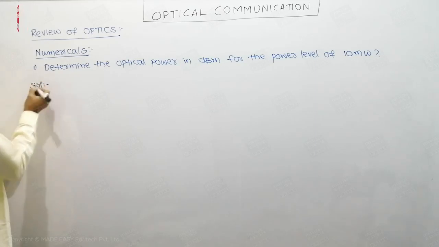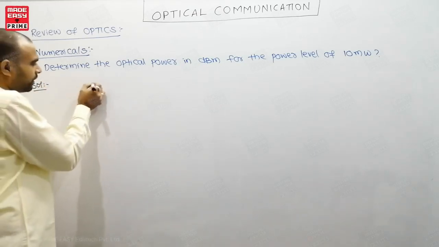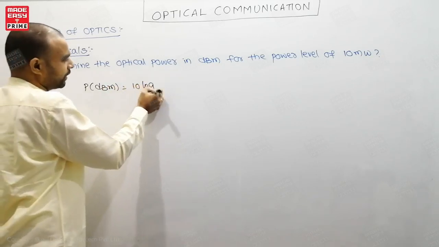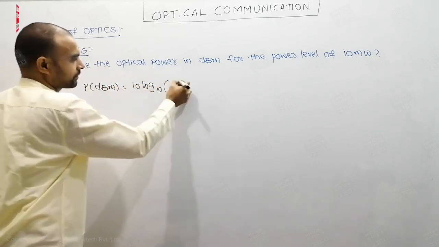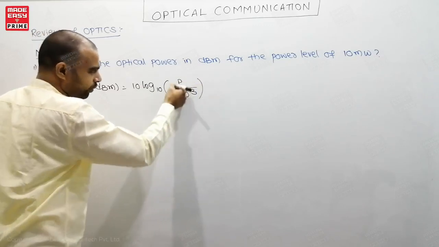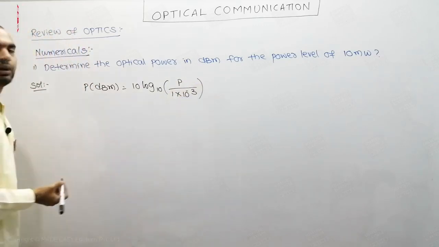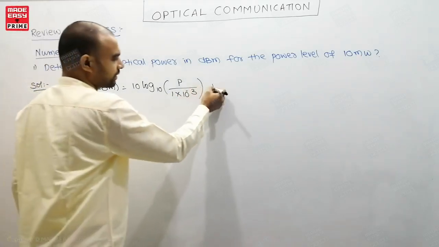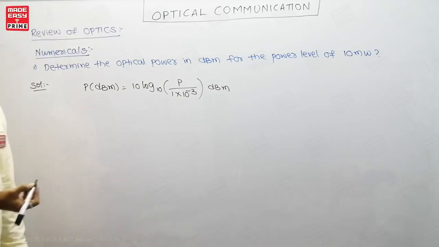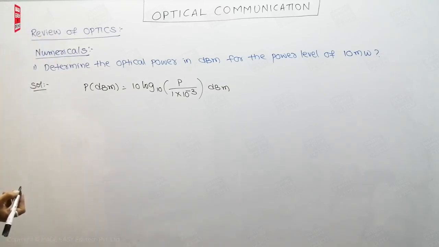Solution for this one: power P in terms of dBm is equal to 10 log base 10 of P, with reference to 1 milliwatt, so P by 1 times 10 to the power of minus 3. That is called the optical power.